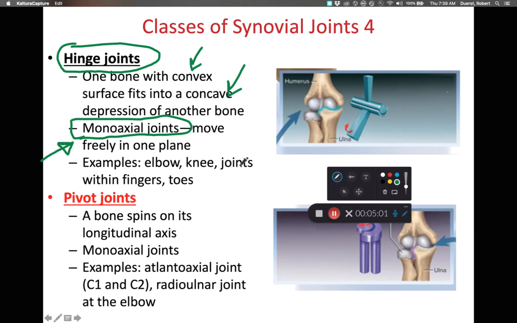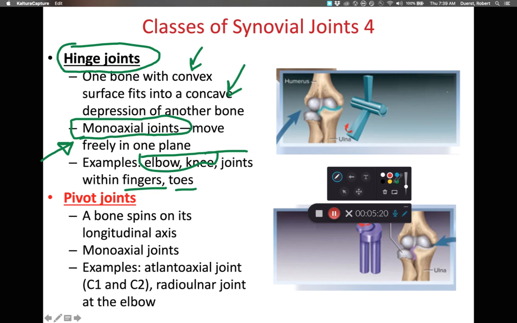And because they're monoaxial, they tend to be structurally much more stable than the biaxial or multiaxial joints. A classic example of these monoaxial joints include the elbow, knee, or in between the phalanges of the fingers or the phalanges of the toes.